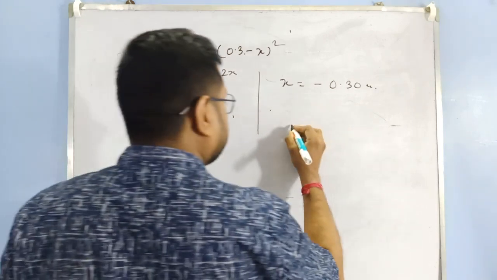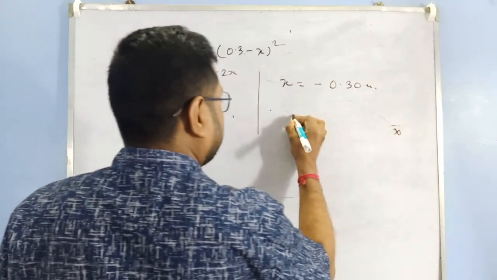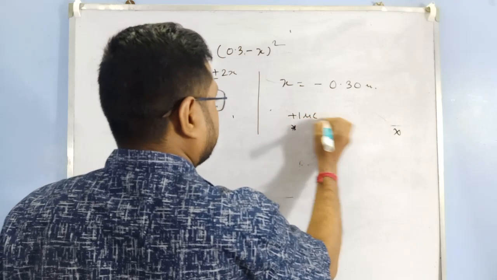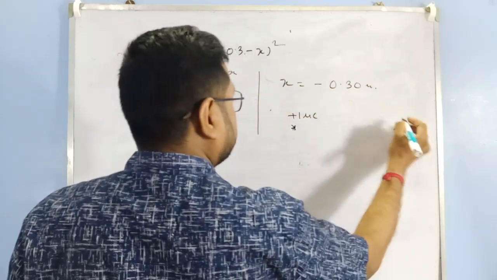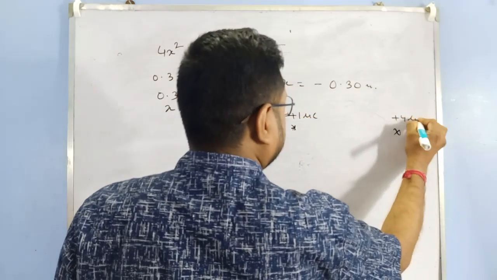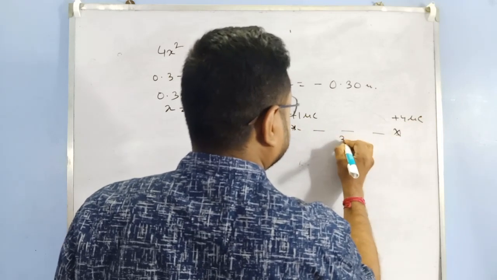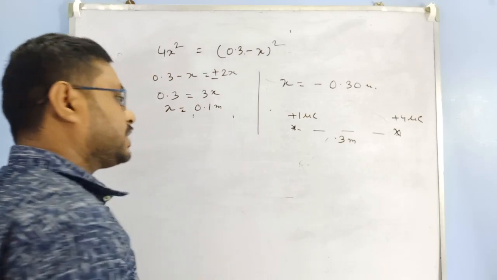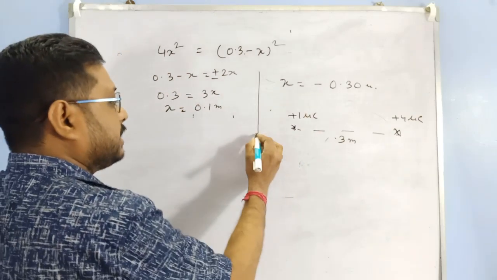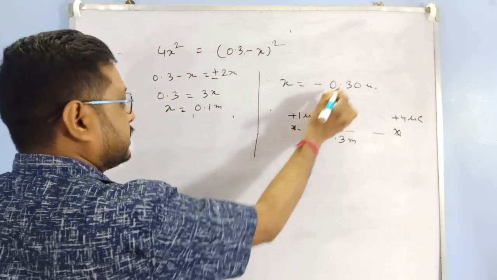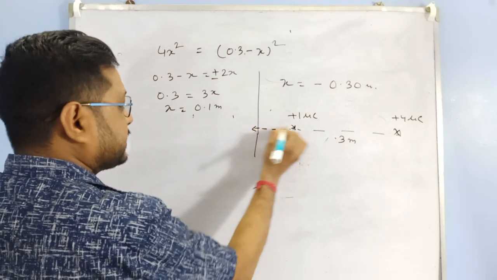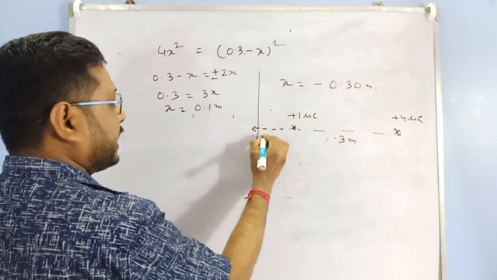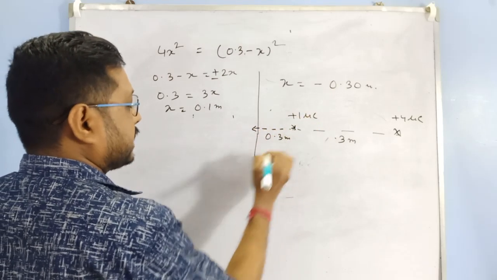But this is not possible, because if the sign is negative, minus 0.3 means the point is on the left side of the plus 1 microcoulomb charge at a distance of 0.3 meters.